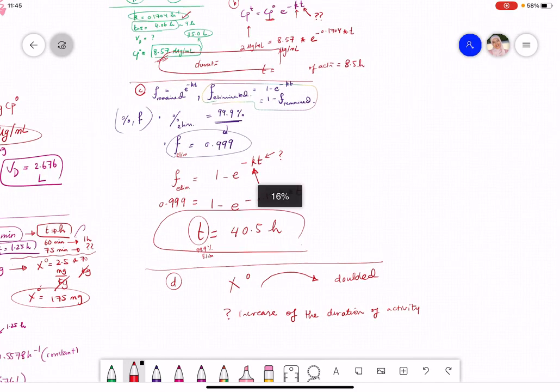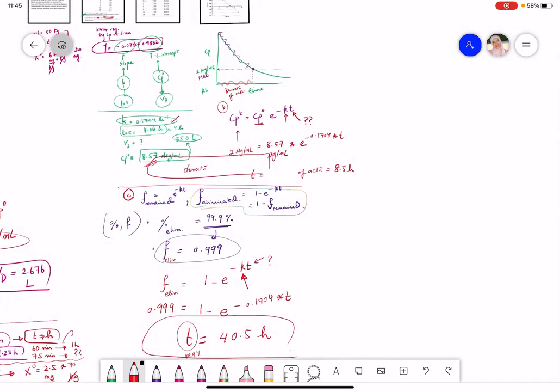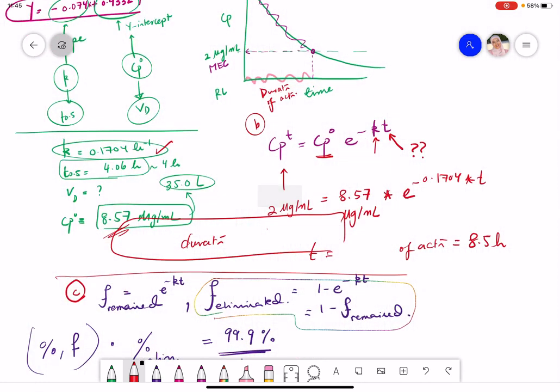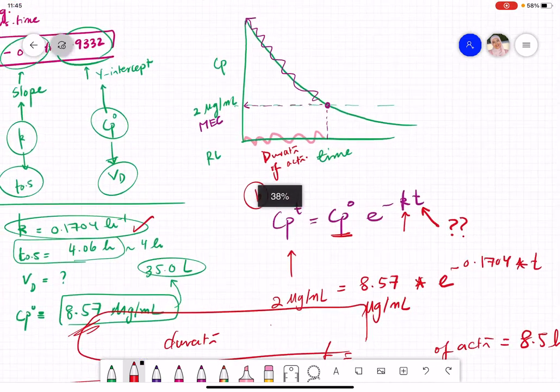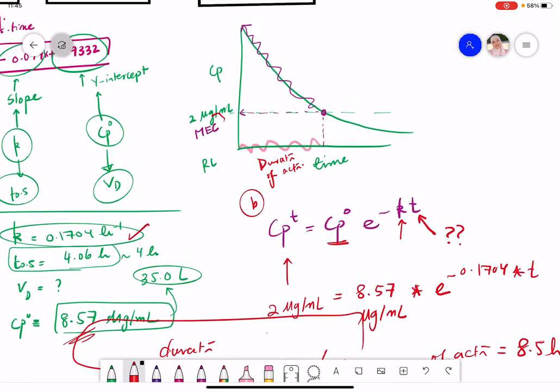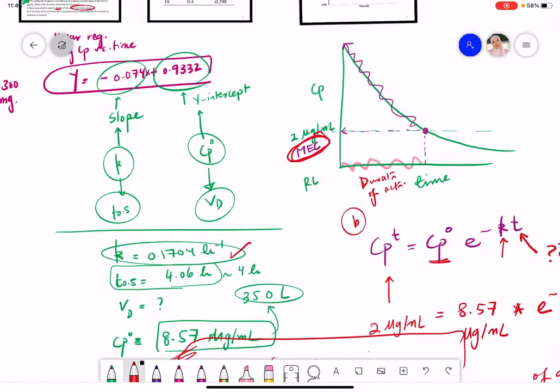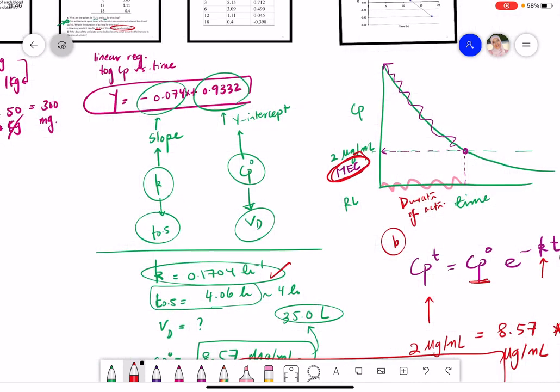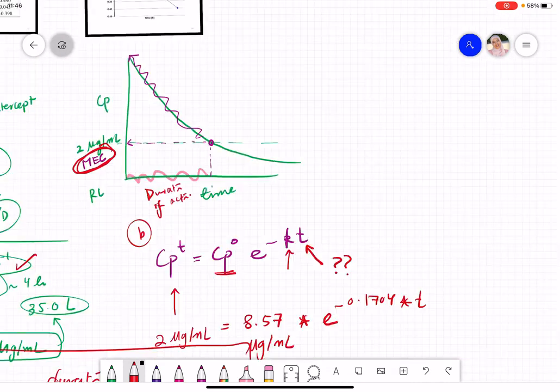If you remember in this part of the question, it gave us the minimum effective concentration, and we were taking a dose of 300 milligram.